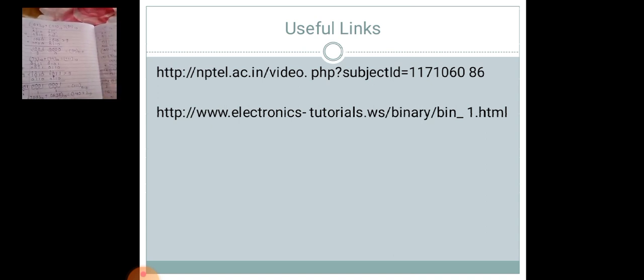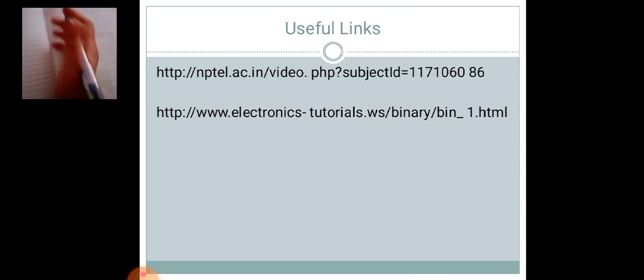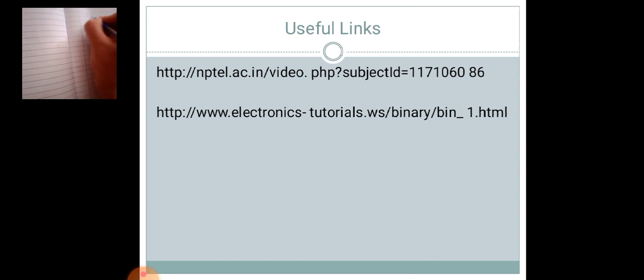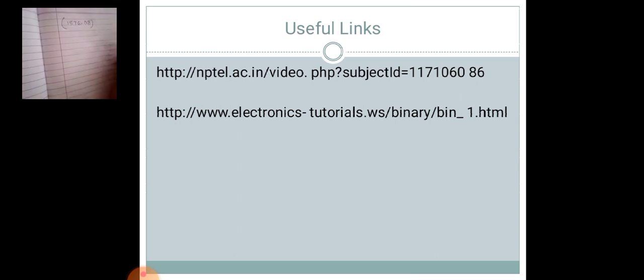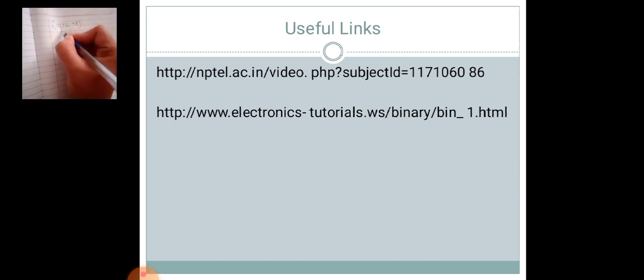If the number is given like 1576 point, suppose 08, right? If such a number is given, then pick this number, follow the integer number conversion rule, and pick this number separately.